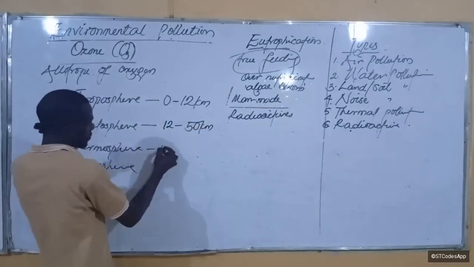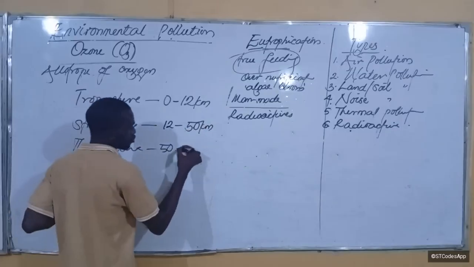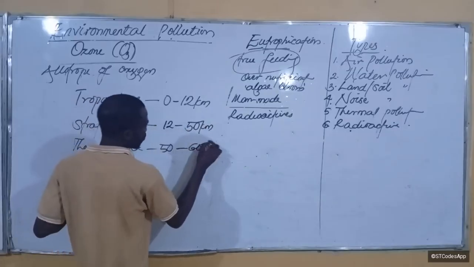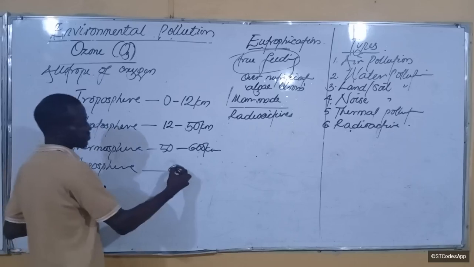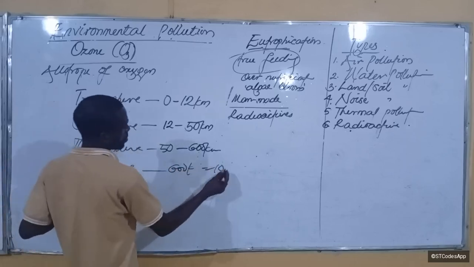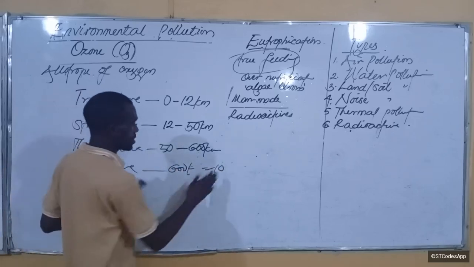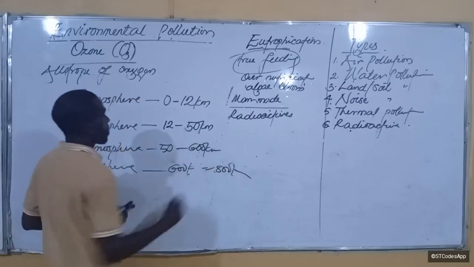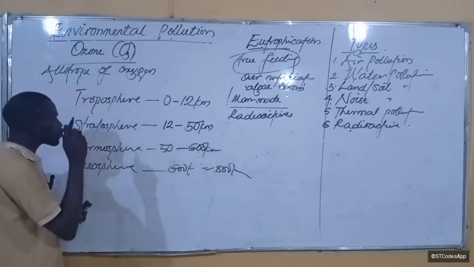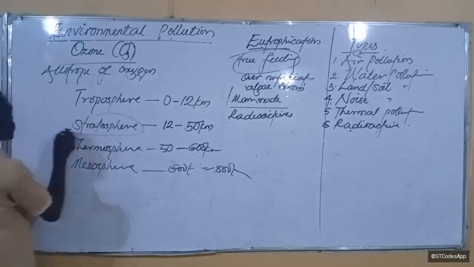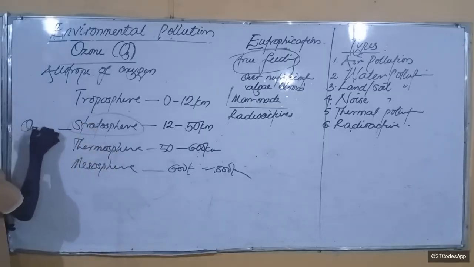The next one exists from about 50 to, I think, 600 kilometers, and the next from 600 kilometers to about 800 or so kilometers. But basically, the stratosphere is where we see the ozone layer.